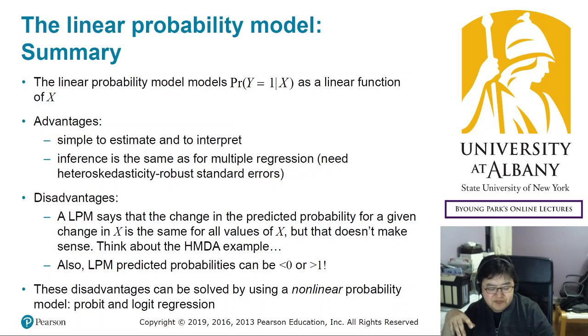For example, the difference between 50% and 51% and between 99% and 100%, those two differences are equally a 1 percentage point difference.